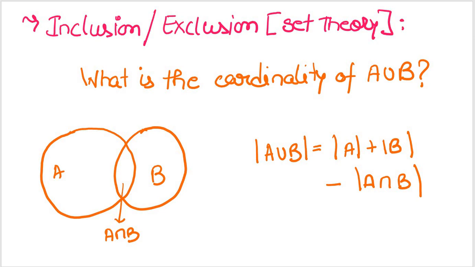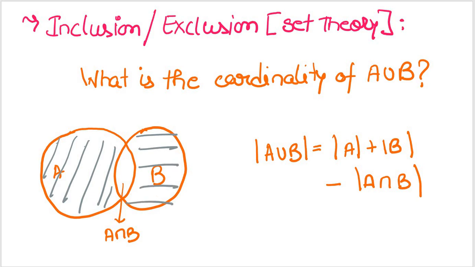What we are trying to say is, we are trying to find the number of elements in A union B. That means it would be this area plus this area and the common ones which are there in this. In that case, we can find the cardinality of A, the cardinality of B, and we can exclude the cardinality of this portion.